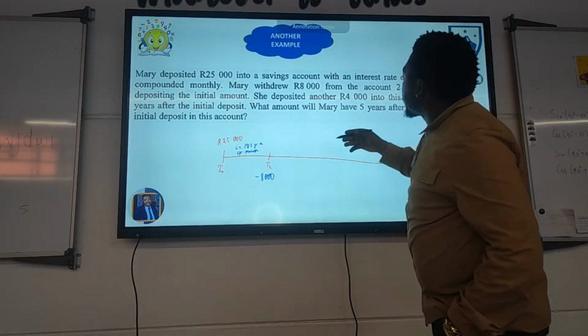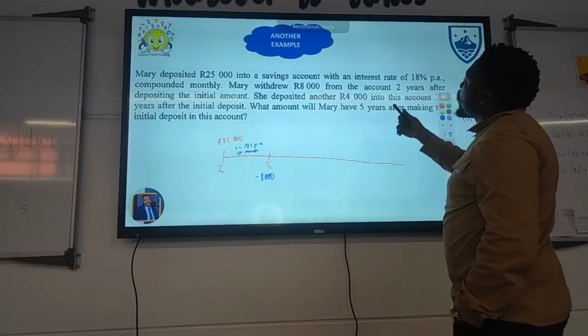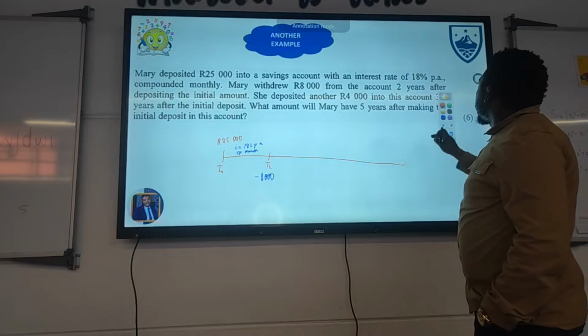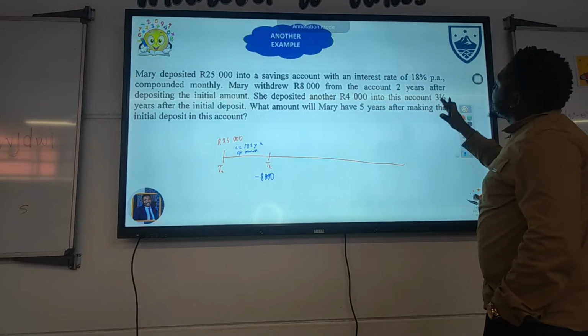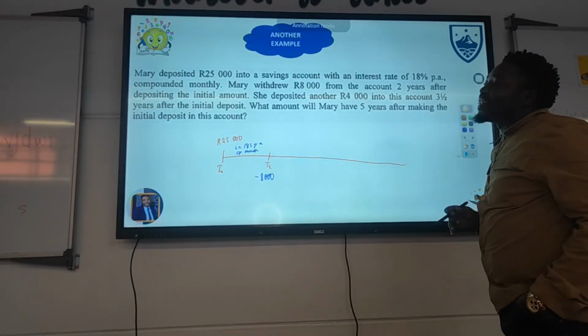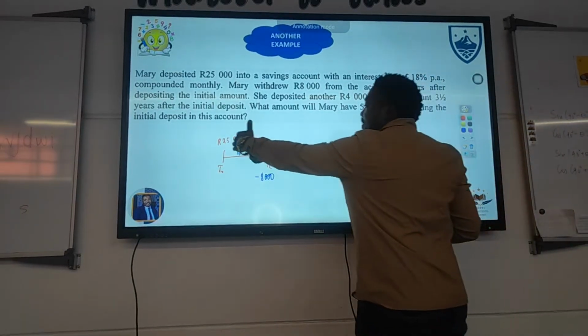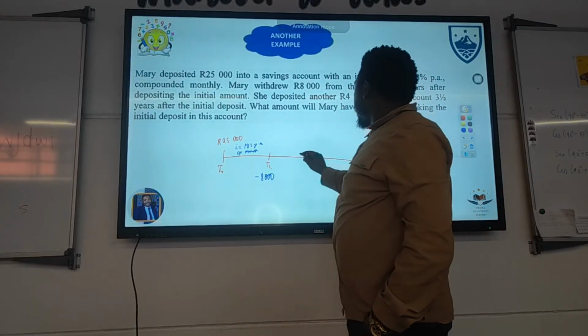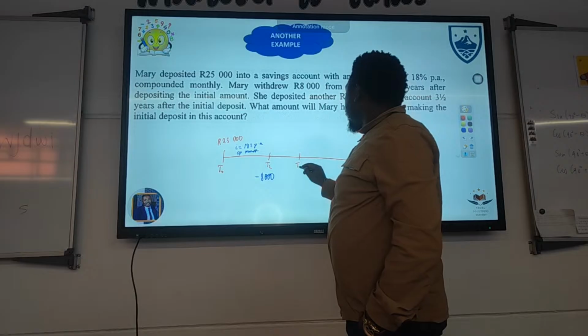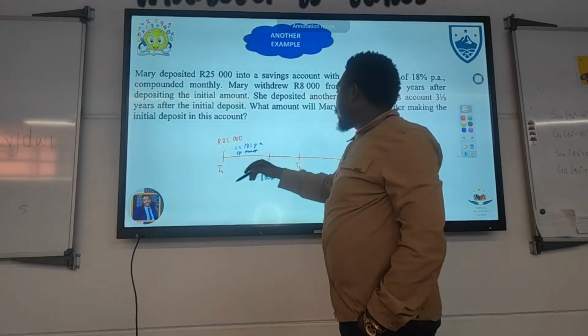But when does she deposit it? She deposits another 4,000 into the account 3.5 years after the initial deposit. So it means 3.5 years. So I'm going to do this. 3 years, initial deposit is this one.